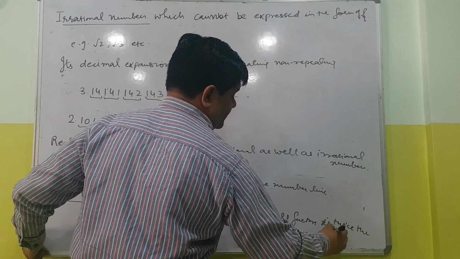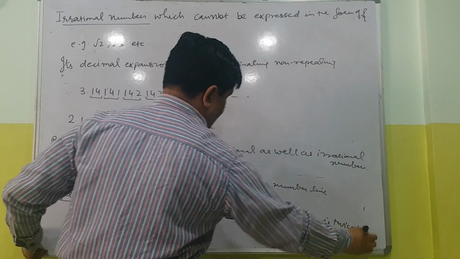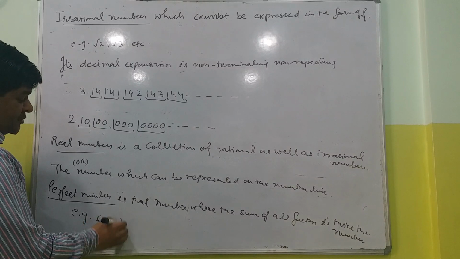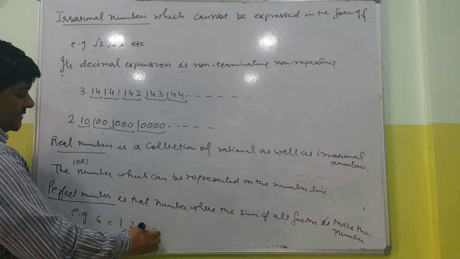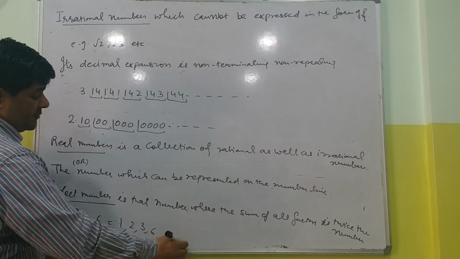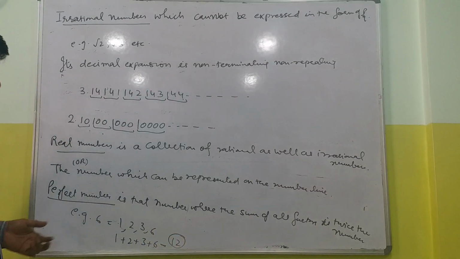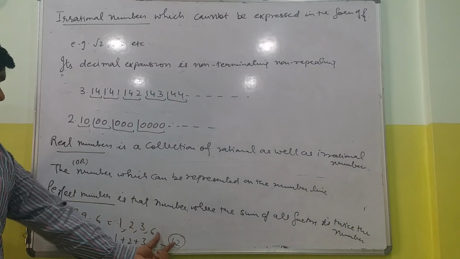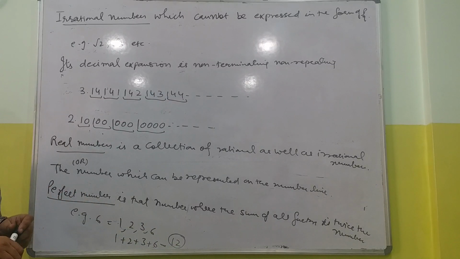For example, 6 is a perfect number. 6 has factors 1, 2, 3 and 6. If you add all the factors, their sum becomes twice the number. So the number whose sum of all factors becomes twice the number is the perfect number.